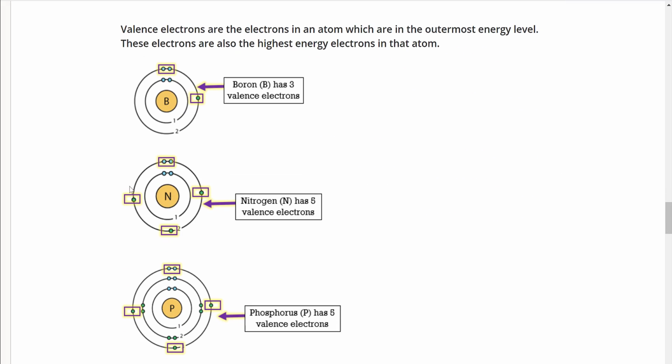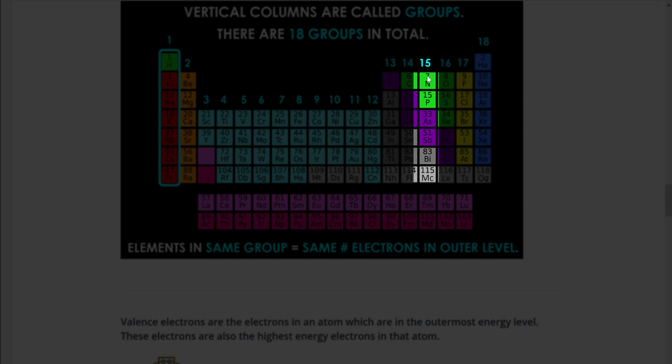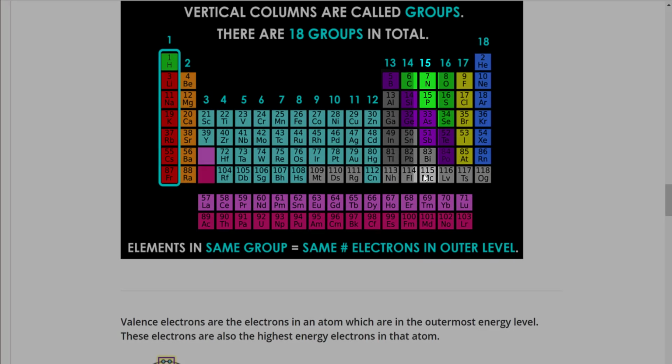Nitrogen, if we count the electrons in the outermost shell, there are 5. And phosphorus, if we look at the outer shell, also has 5 electrons, 5 valence electrons. So nitrogen and phosphorus both have 5 valence electrons, so we would expect to find them in the same group. If we look on the periodic table, here's nitrogen, here's phosphorus, and the groups are the vertical columns, so they are in the same group.